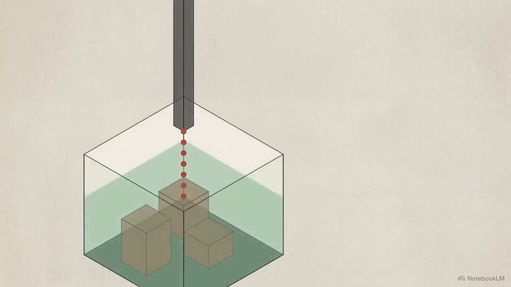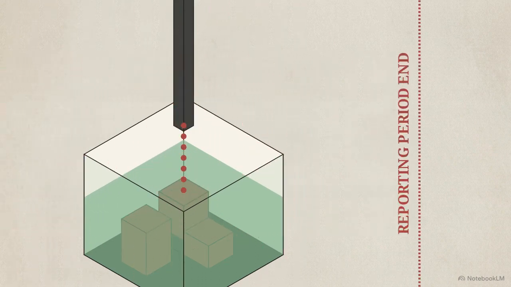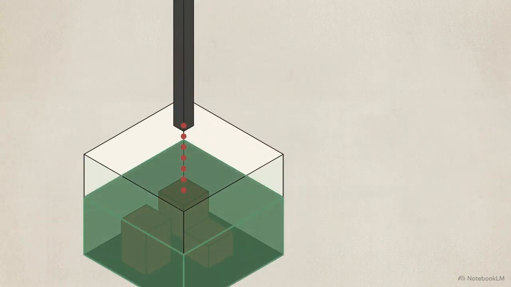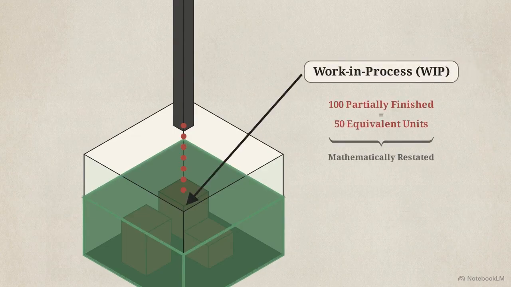This creates a core complication. When the reporting period ends, production doesn't magically stop. There will inevitably be work in process, raw materials, and partially finished units left suspended in the machines. To account for these costs, these work-in-process units must be restated mathematically.